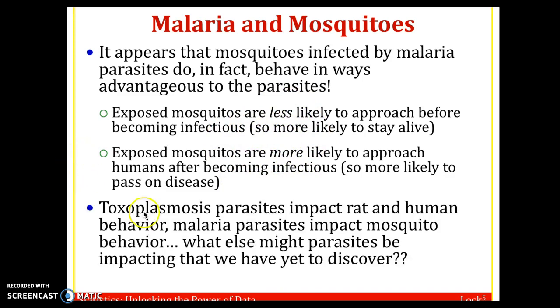And more recent research is looking at toxoplasmosis, a parasite that impacts rat and human behavior. There have been studies where rats that have this disease actually in some ways commit suicide and try to get eaten by different animals such as cats and whatnot. And the thought is, well, why are these rats trying to kill themselves? It's the parasites affecting the brain chemistry of the rat, making it likely to spread the parasite.